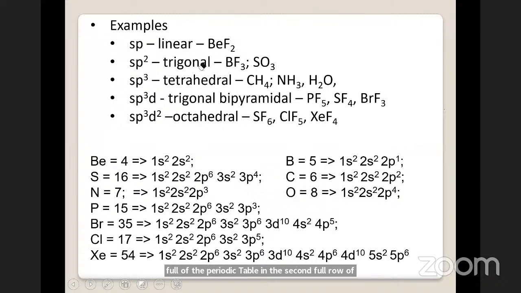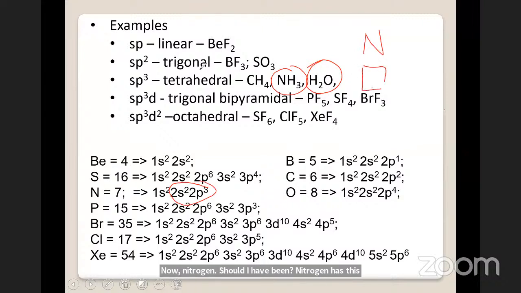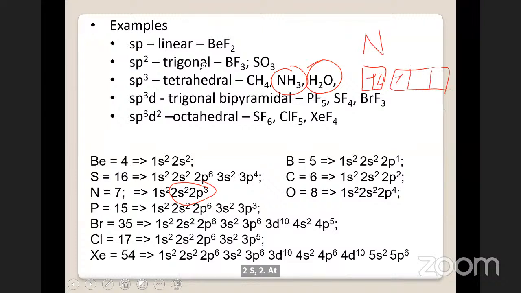Now, I will just quickly explain the distorted form of each of these structures. I would use these to explain the distorted form. Nitrogen has this electronic configuration: 2s2 2p3, 1, 2, 3.